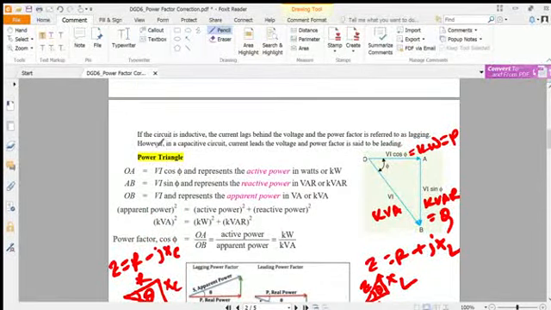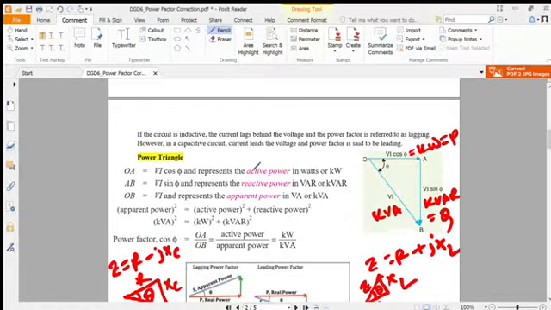If the circuit is inductive, the power factor is lagging, and when the load is capacitive, the power factor is leading because the current leads the voltage. The nature is usually defined by the current. When the current is lagging, we call it lagging power factor.